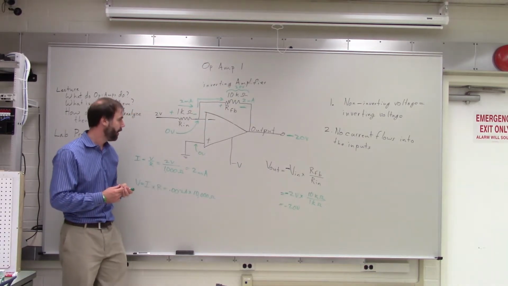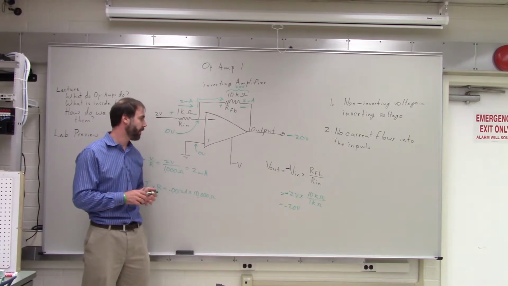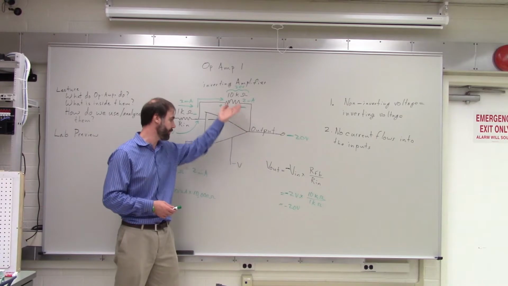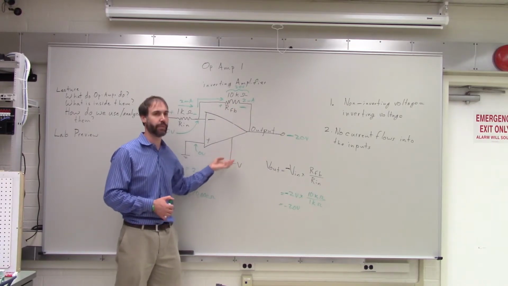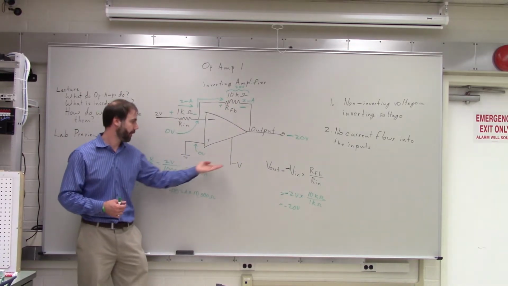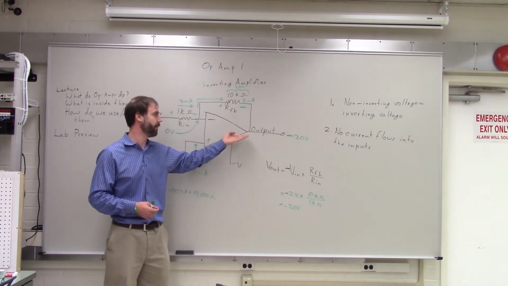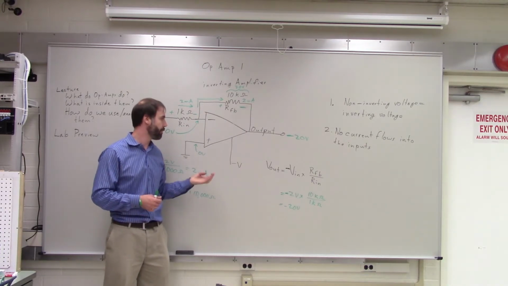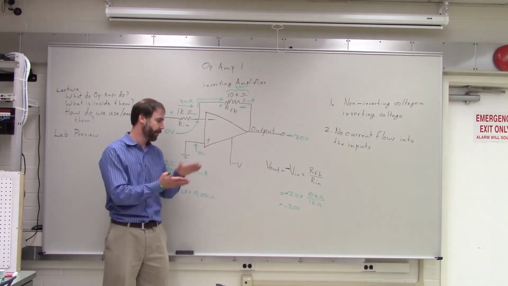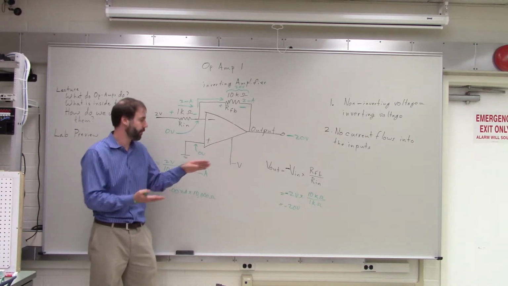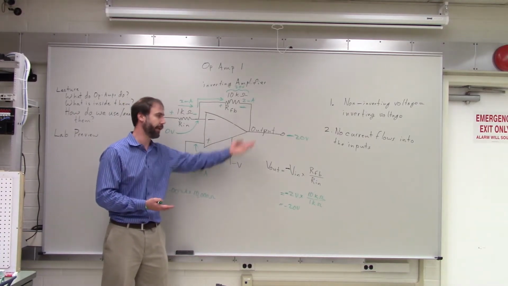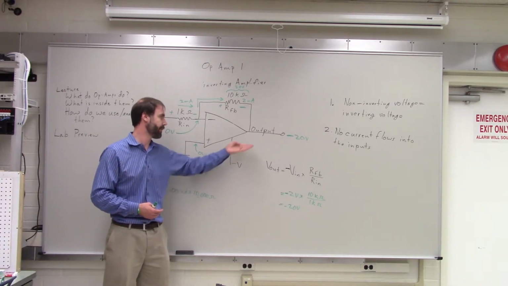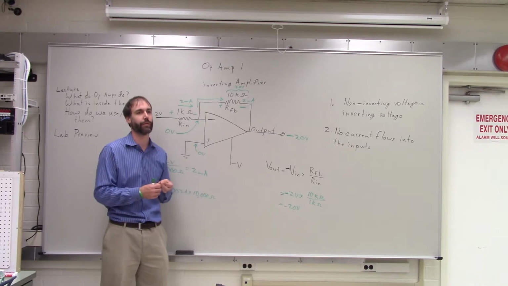Some chips are rated so that your output can go very, very close to the supplied voltage levels. They call those the rails, so those chips can go rail to rail. Other chips, like the 741, have sort of a buffer zone between the power that you supply and the output voltage that you get. So you could have a supply of maybe 15 volts and the output can go maybe plus or minus 12 or something like that.